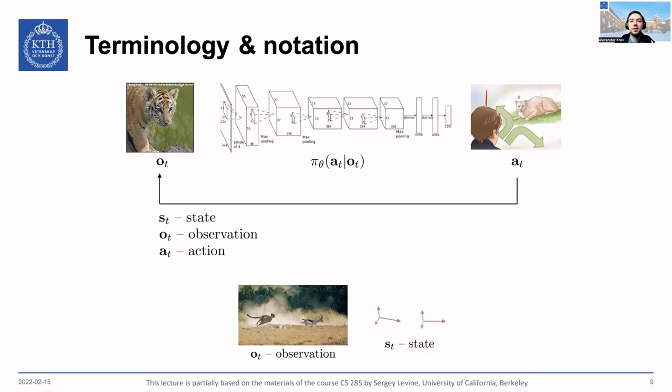But the state would be, for example, the coordinates of the cheetah and the gazelle and their velocities. Although the state is generally unknown, what we can get is the observation. And one state could of course give rise to different observations.